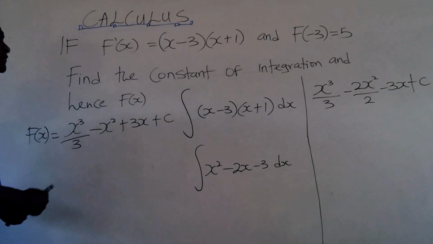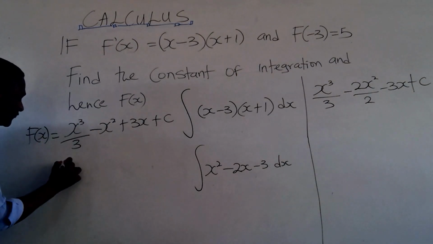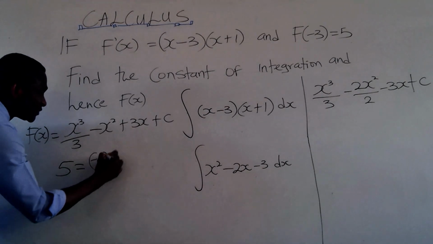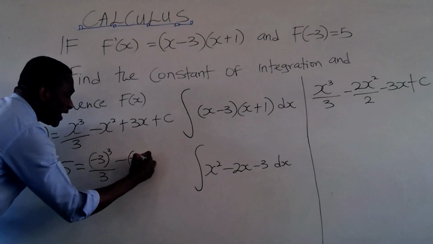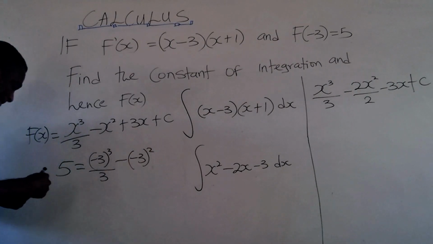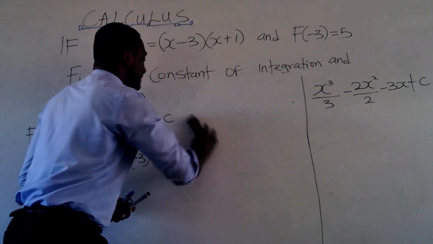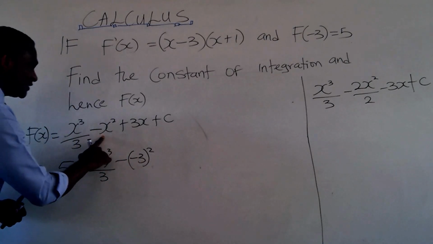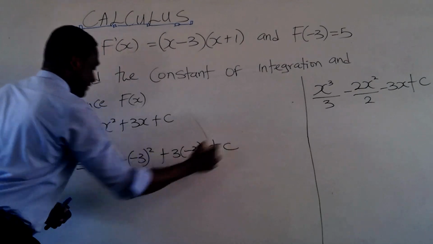So we plug in. F of negative 3 means y is 5 when x is negative 3. So when x is negative 3, y is 5, so we have negative 3 cubed over 3 minus negative 3 squared plus 3 times negative 3 plus c.